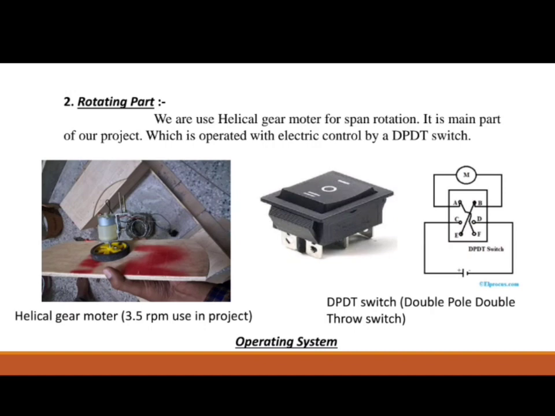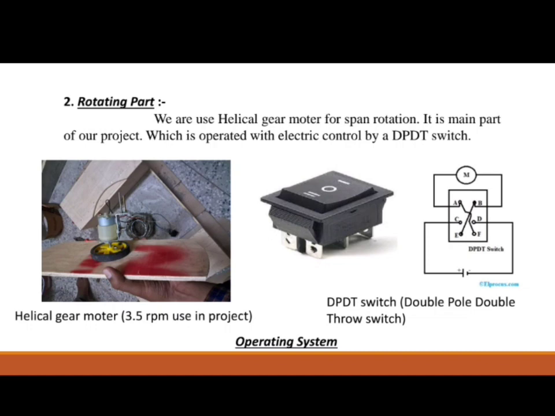Second is the rotating part. We use a helical gear motor for span rotating. It is the main part of our project, which is operated with electric control by a DPDT switch, that means double pole double throw switch.